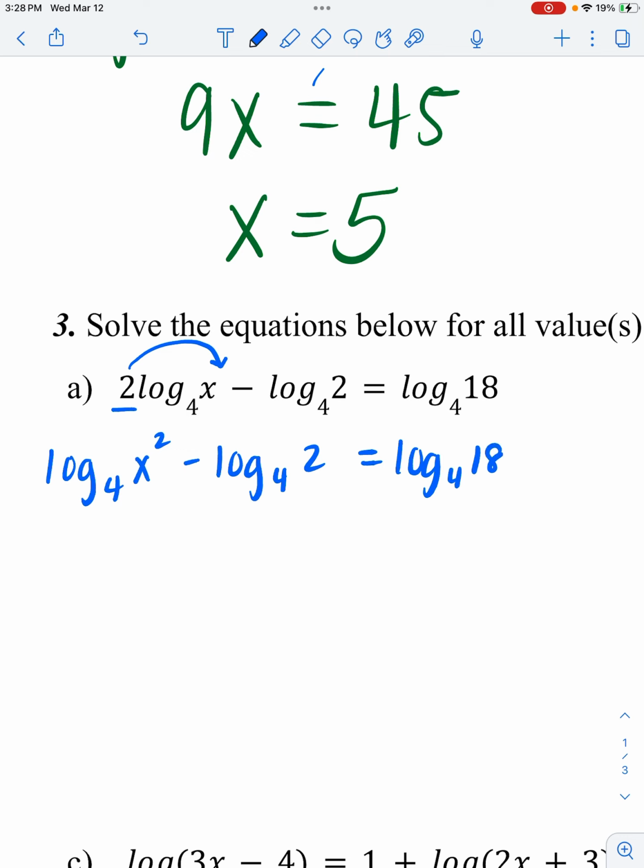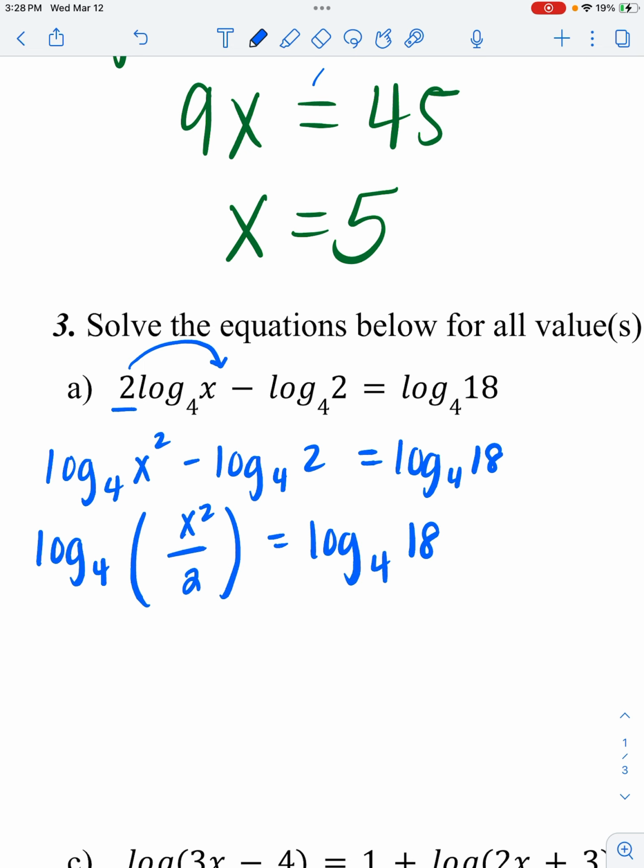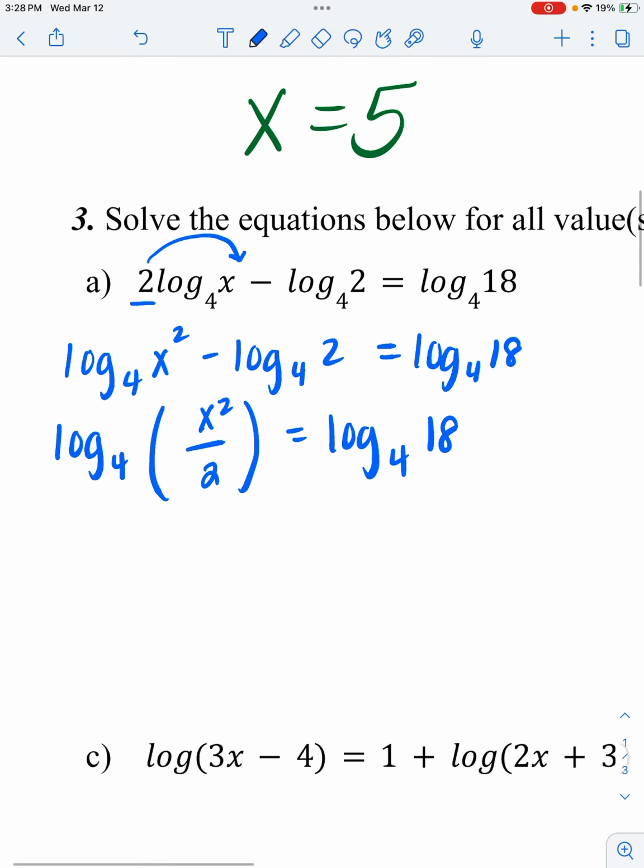I see my subtraction, so I do want to combine it so that it's a division problem now. X squared divided by 2. I have nothing else on either side besides the log, and those logs have the same bases. So now I get to do the option where I set my arguments equal. When I multiply by 2, I get 36.